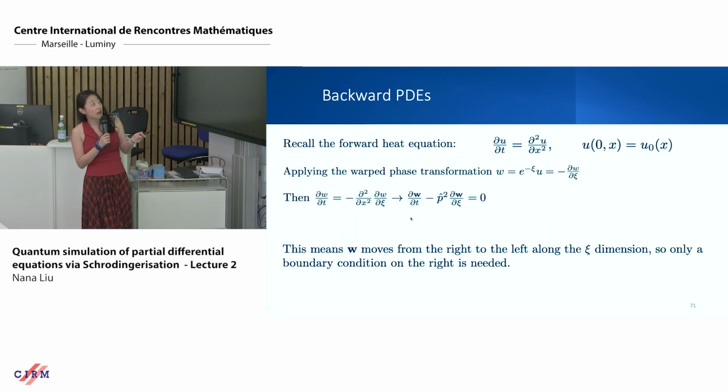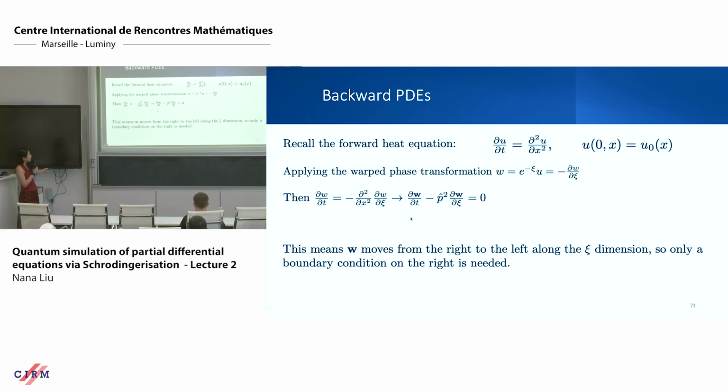Okay, so we have an example, right? With the heat equation, for example, so recall the forward heat equation. It's like this. Now, if you apply the warp phase transformation, we get this with the minus sign. And if you remember, I said this means w moves from the right to the left along the x direction. So only a boundary condition on the right is needed.